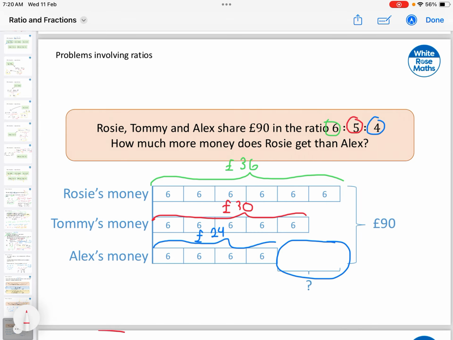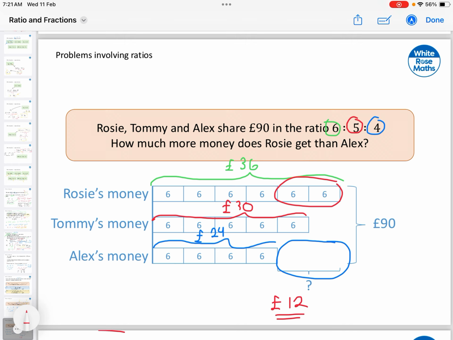So that means that Rosie has these 2 extra pieces that Alex doesn't have. So what we can say is that Rosie has 12 more pounds than Alex. And that's it. How much more money does Rosie get than Alex? Well, she's receiving 12 more pounds. And that's how we're going to solve this exercise.